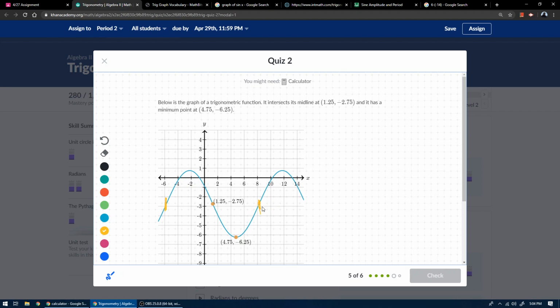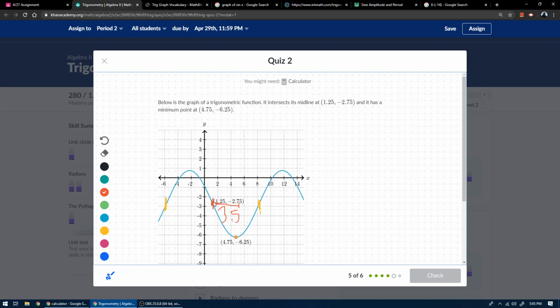So I want to find out, how large is this cycle? Maybe you can kind of look at this negative 6 to 8, but let's do it in a math way. Now you see this, I can find out the distance from here to here, because that's 4.75 minus 1.25, that's about 3.5.